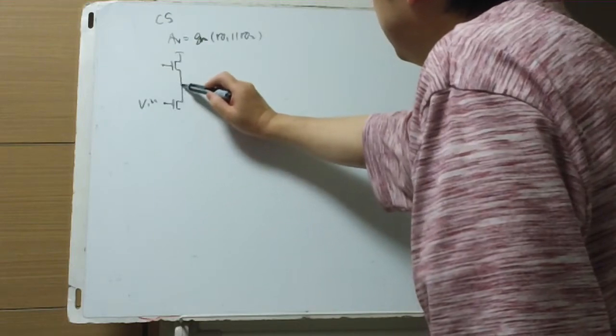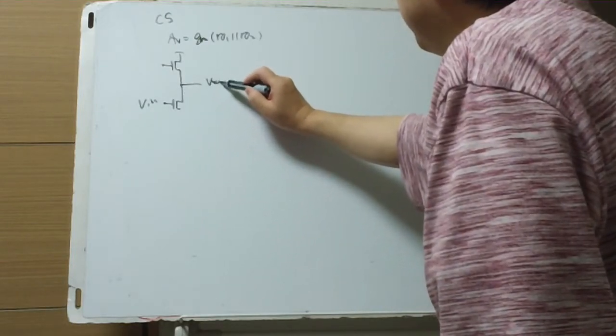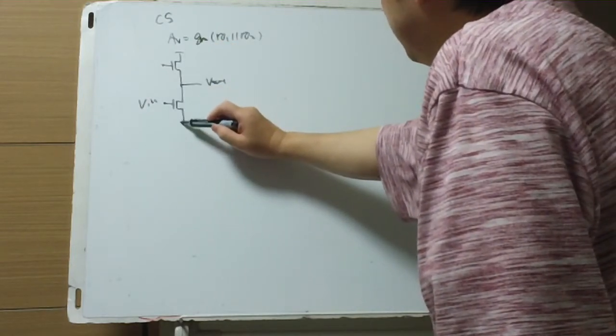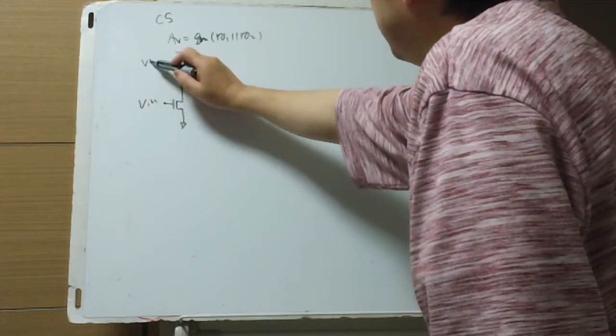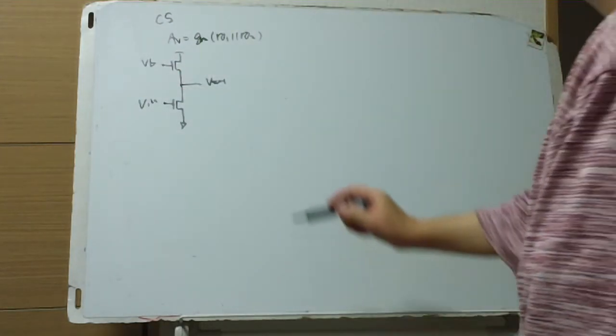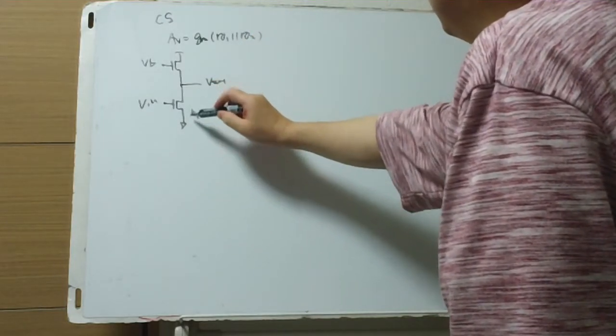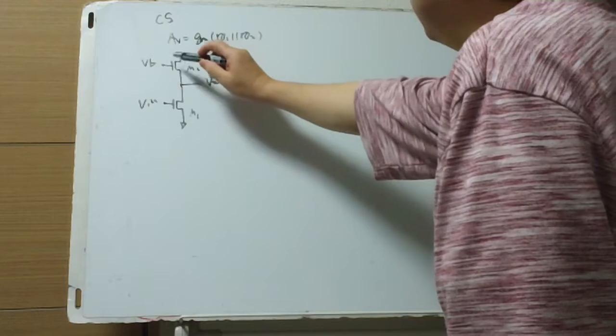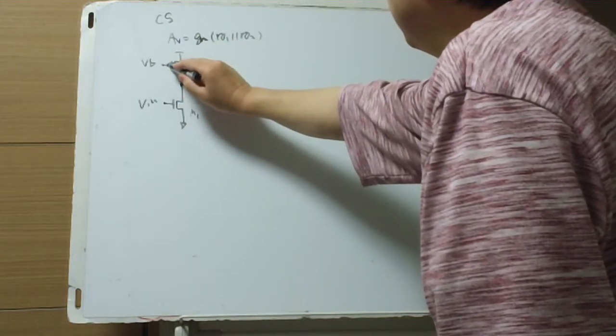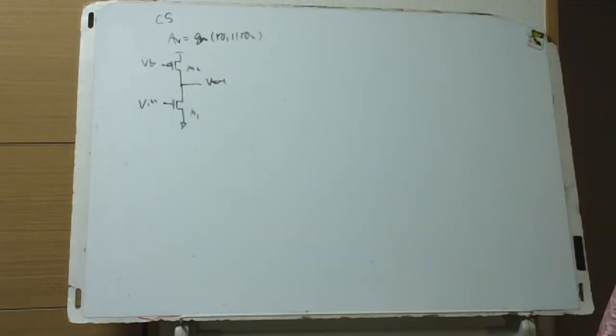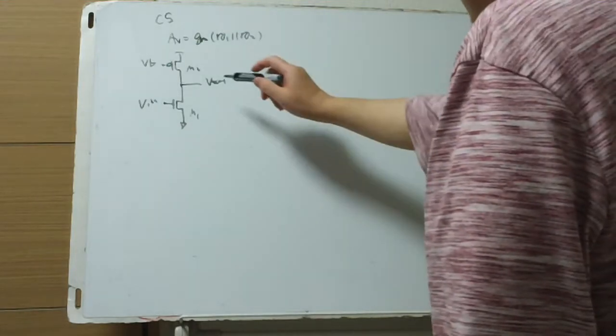This is Vin and this is Vout, VDD and VSS, and this is the bias. This is M1 and this is M2, which is P channel, an inverted common source amplifier.